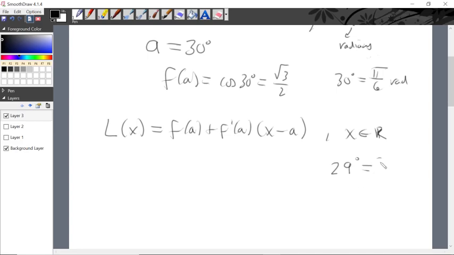Now 29 degrees in radians would be 29 pi over 180, right? Because 1 degree is equal to pi over 180 radians. In other words, 180 degrees is pi radians. So we want to be able to evaluate L of 29 pi over 180. All right, that's what we're going to do.